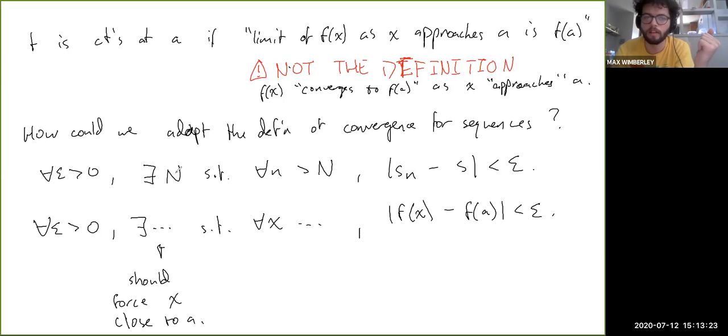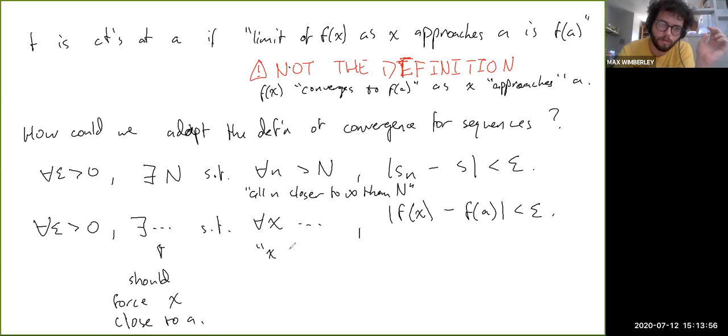Capital N is a limit on how far away little n can be from infinity; this quantity should be a cap, a boundary that determines how far away x is allowed to be from a. So this should be all x within something of a.